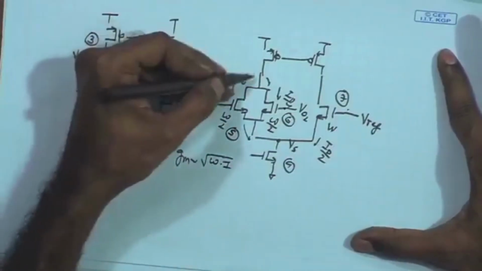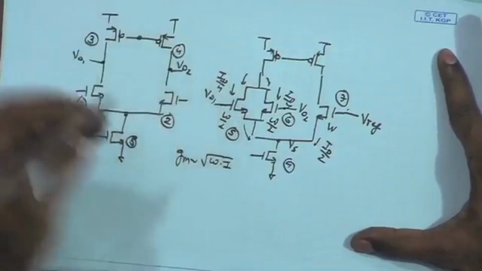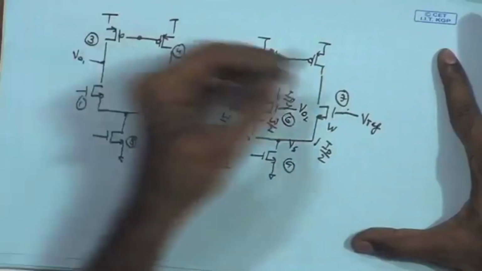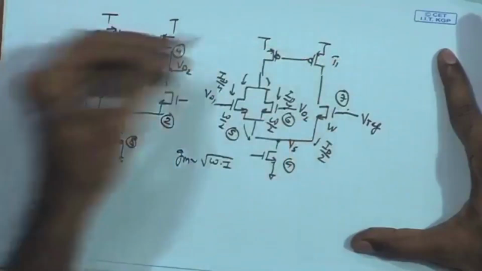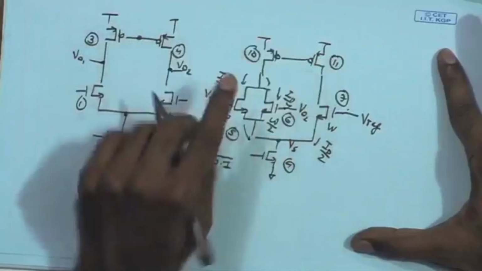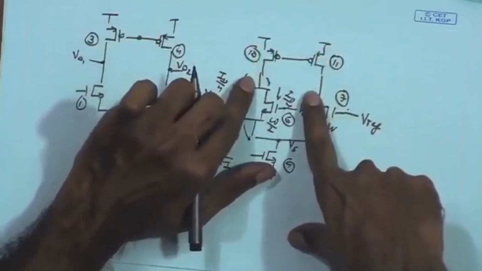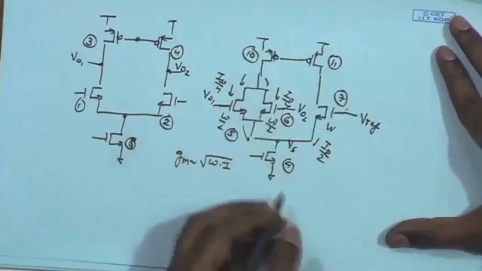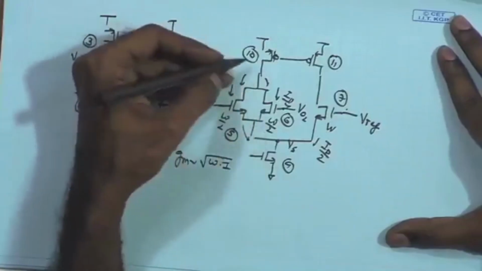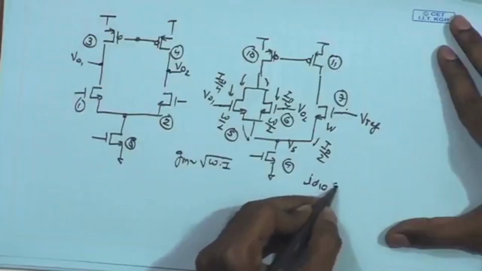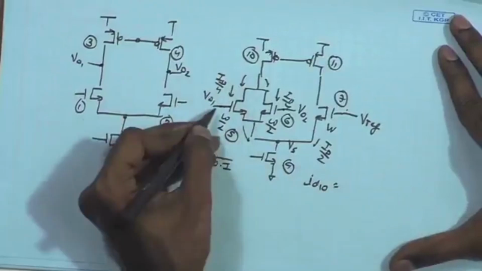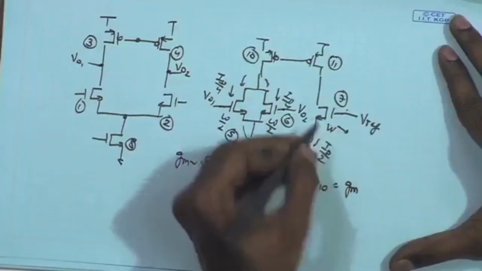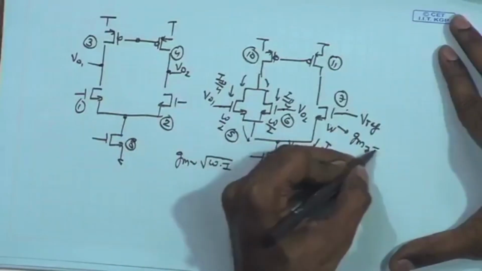If I look at the small signal currents flowing through these two transistors, let me call them ID11 and ID10, provided by these two pull down devices, I can sum the small signal current flowing through these two. ID10 is going to be equal to GM5, which is GM by 2, if I call GM of M7 just GM.